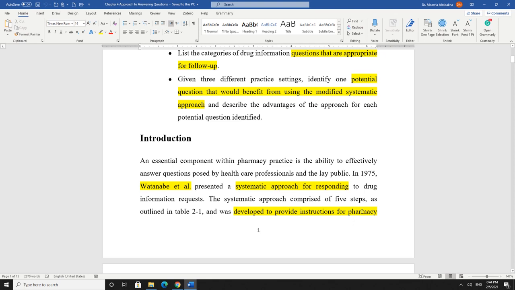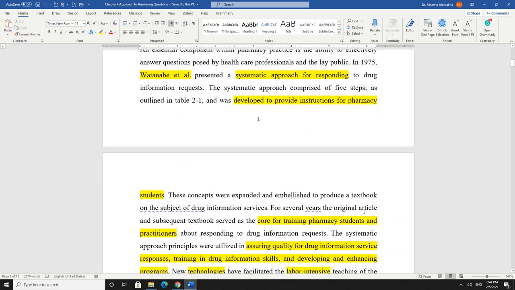The first one to present a systematic way to respond to questions was Watanabe et al., and that was in 1975. He gave steps in order to answer questions, and mainly he did that in order to instruct his pharmacy students on how to handle questions.